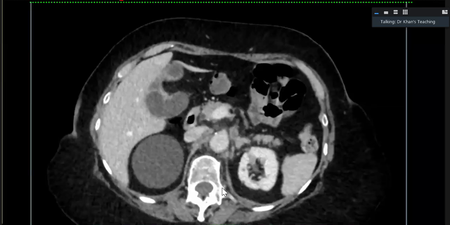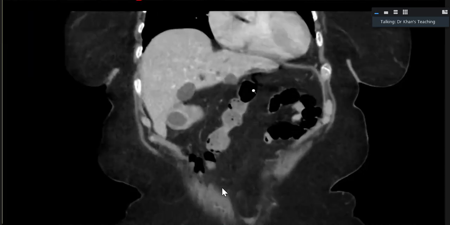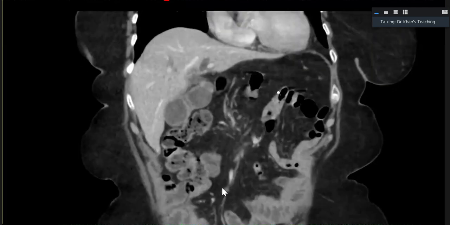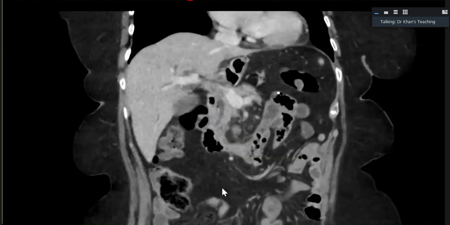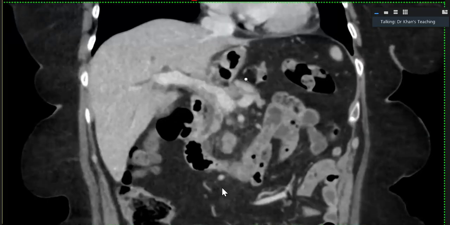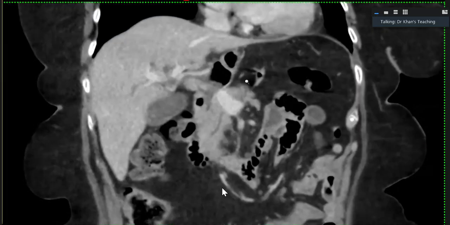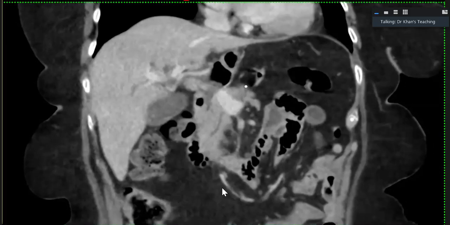The key thing is that when you report these scans, whatever you have made up your mind, nobody is stopping you from asking for a coronal. This is what happens day-to-day also. If the examiner does not want to show you, they will tell you, but you should ask. And this should be your clinical practice also.